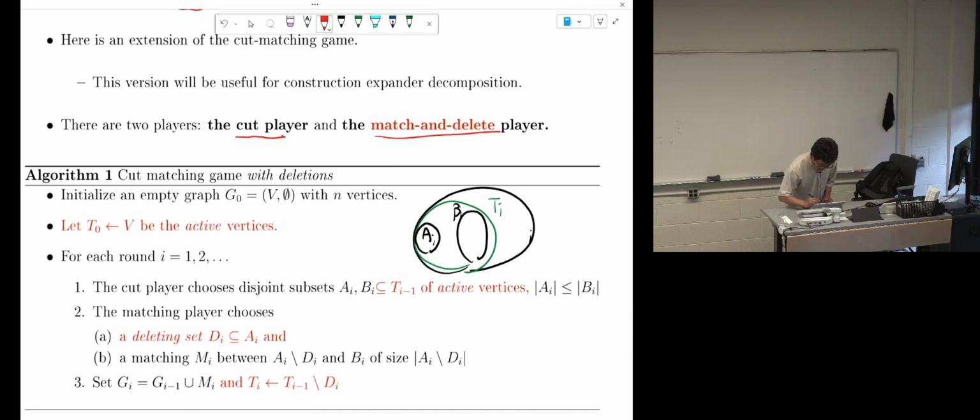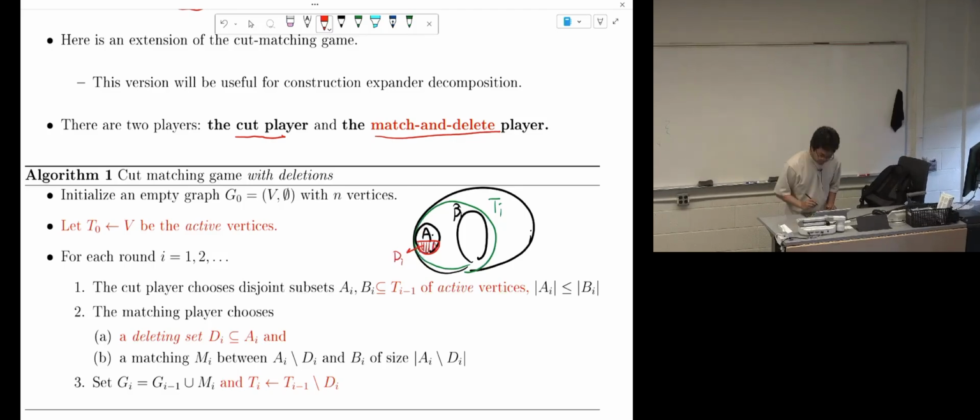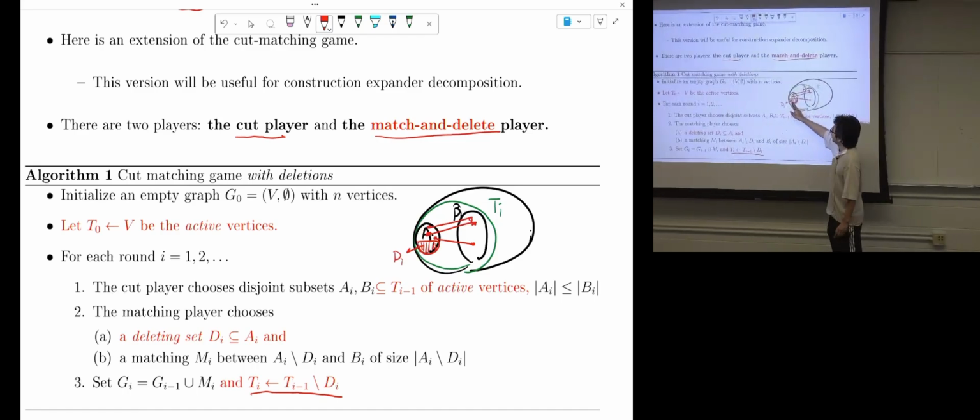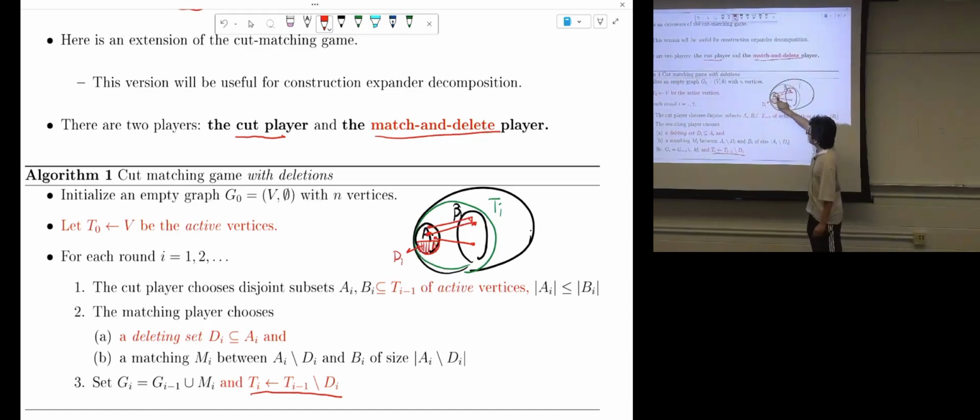The matching player will first choose D_i, and this will be deleted from the active set. The matching player will also choose a matching from the rest of A_i to some nodes in B_i. So this is what the matching player does: delete something, and match the rest that is not deleted.